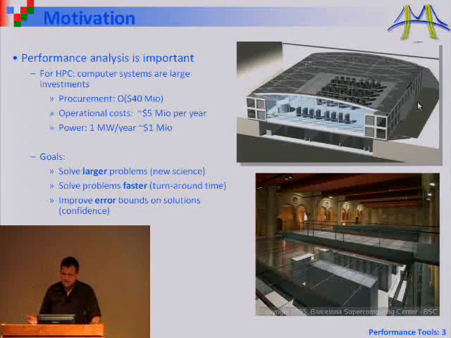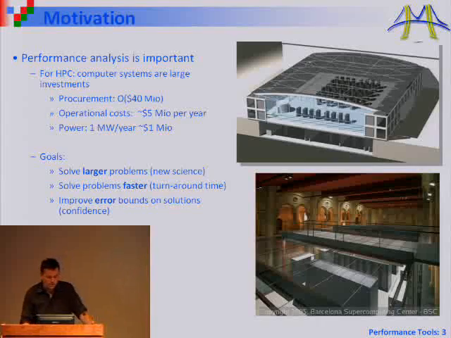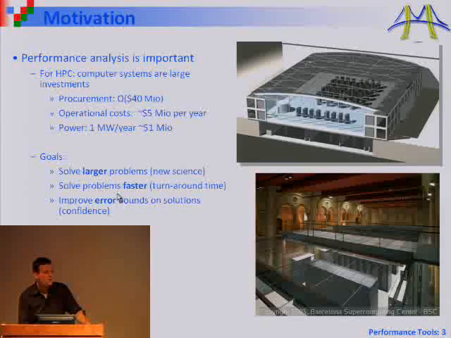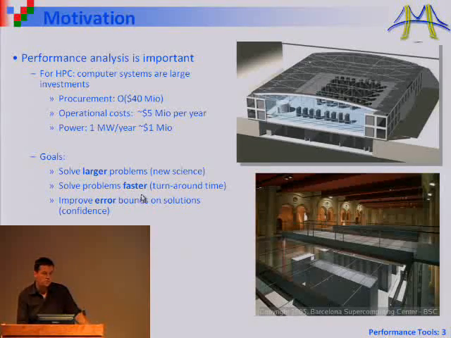And so for the scientists who are using these systems, performance of code is important because it allows them to solve larger problems. So it would allow them to actually have some new scientific discoveries, with simulating more molecules or more atoms and things like that. It allows you to solve the problems faster and thus have a better turnaround time, test more hypotheses.